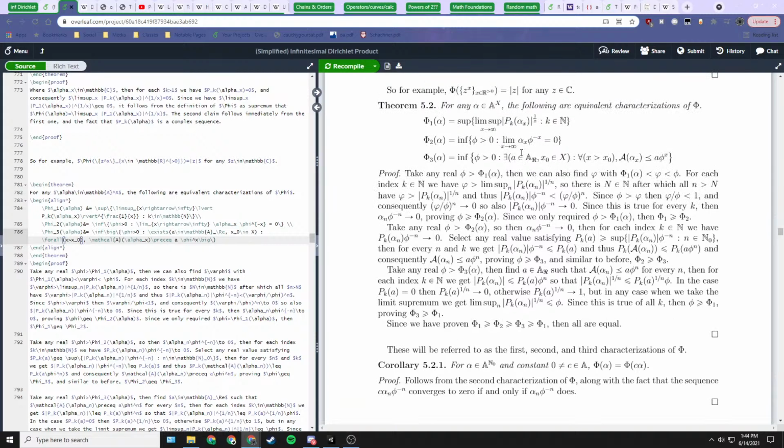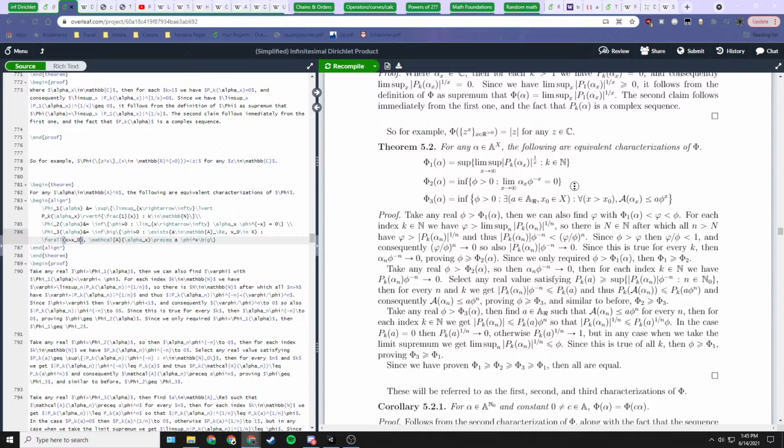So all we have to do is account for this change in the third characterization. I think it's fine. I think we could probably say that if the set x has no limit points, then x0 can always be taken as the minimum.